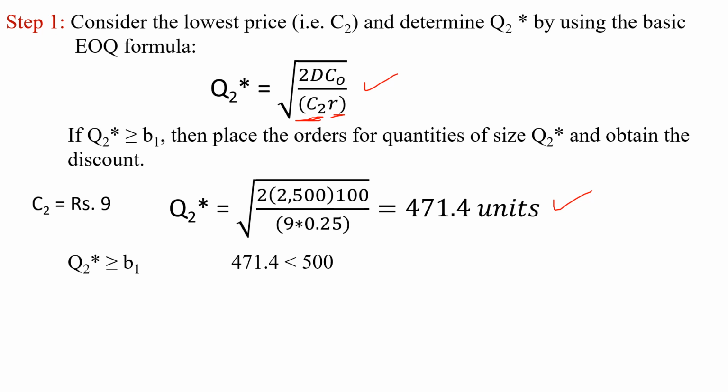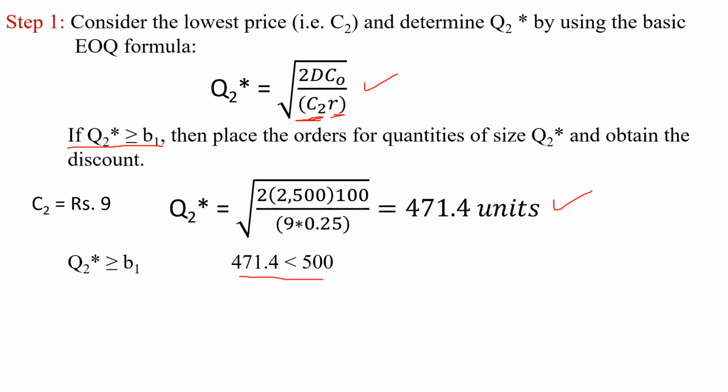Observe whether Q2 star is greater than or equal to B1, or less than B1. Here Q2 star is 471.4 and B1 is 500, so Q2 star is less than B1.